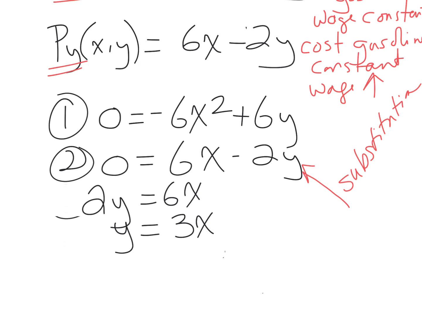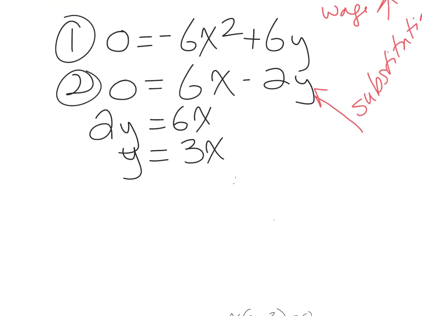So I can substitute 3x for every y I have in one of the partial derivatives. I think we're going to do 3 examples today, and each has a slightly different way of solving it. It's about looking at the situation and thinking mathematically, what's my best approach? You're going to test your mad algebra skills.